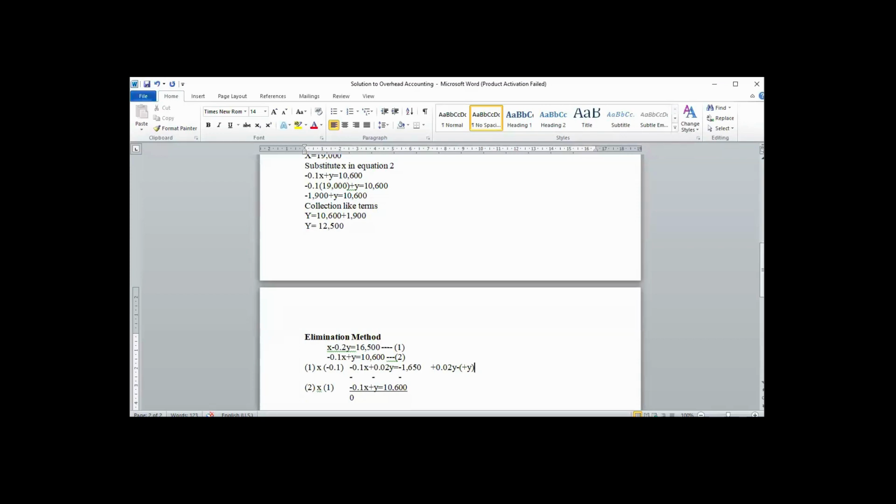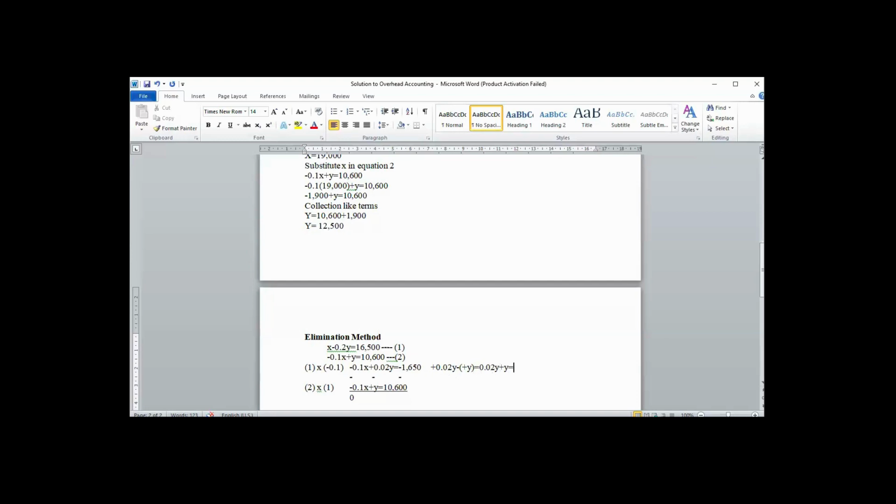It's 0.2y. Look at it, because your answer here would be 0.02y plus y, which is equals to minus 0.2y. No, sorry.